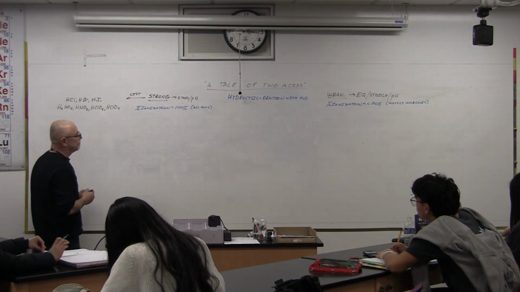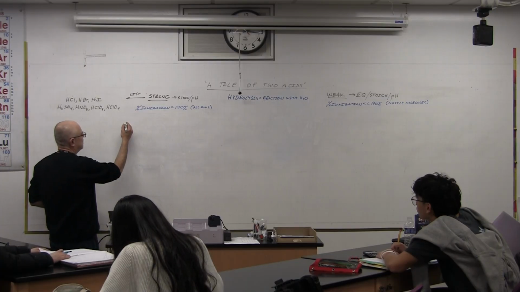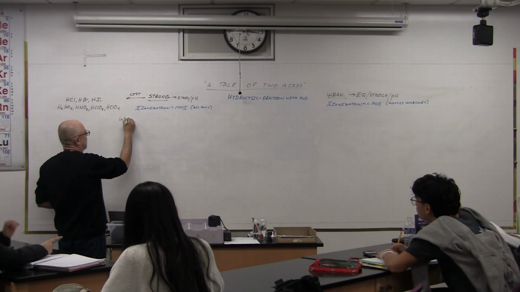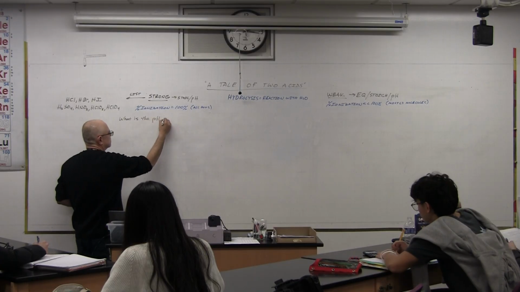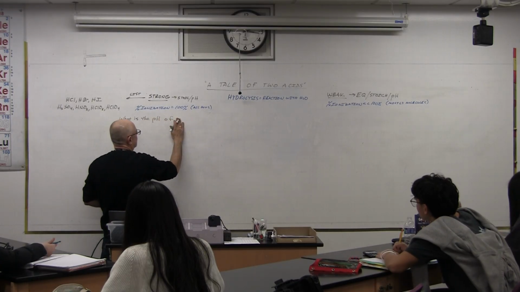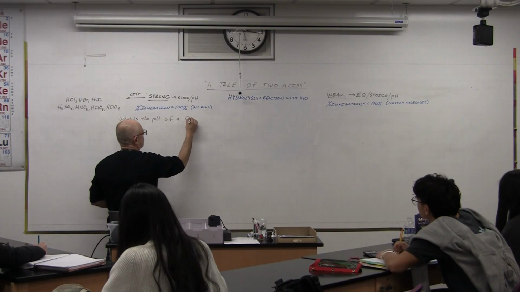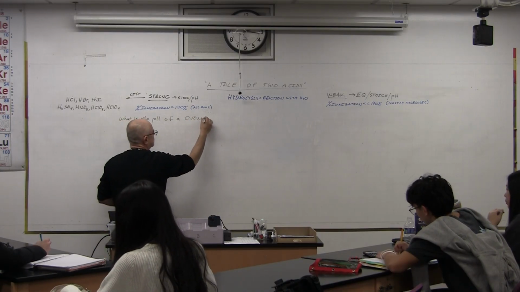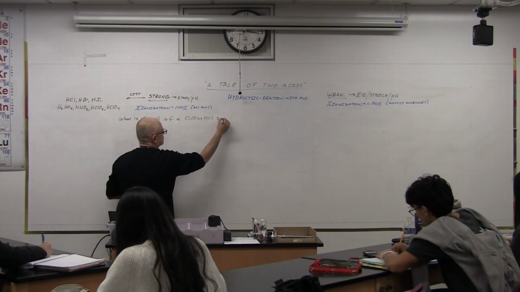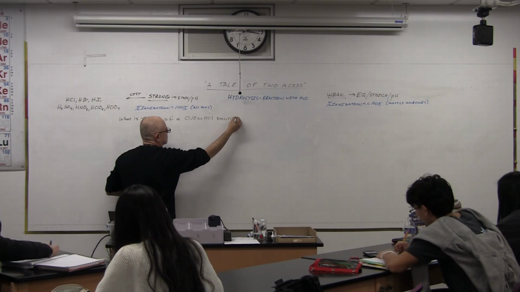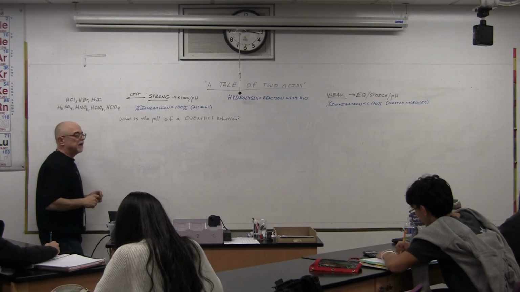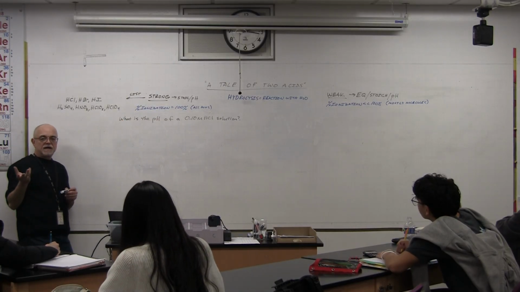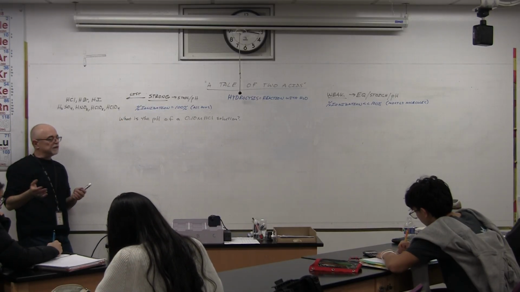Allow me to demonstrate. So the question I'm going to answer on this side is, what is the pH of a 0.1 molar HCl solution? So again, the goal here is, based on how much acid is in the water, we should be able to figure this out.